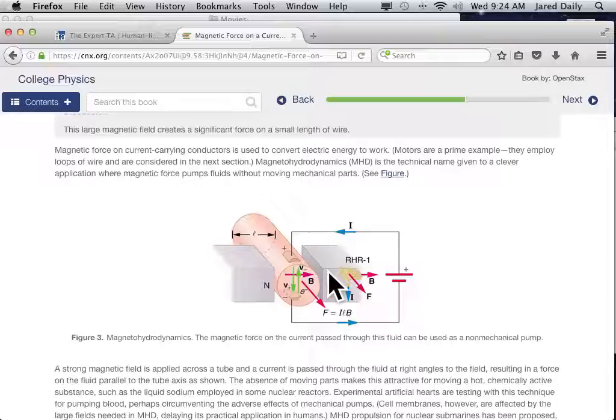The only real bad part to this is that the fluid has to be something that can carry electricity. And salt water is great. But the pipe that this is in has to be made of something that is not going to be corroded by salt water with electricity passing through it.